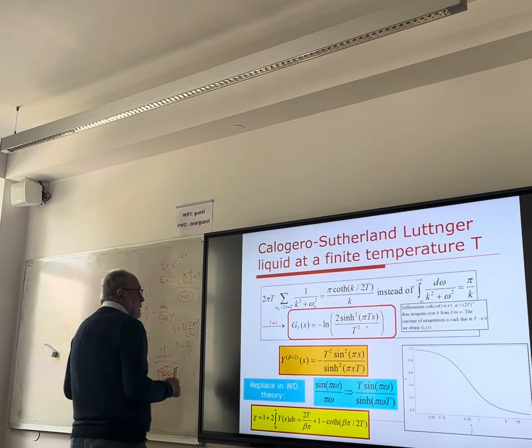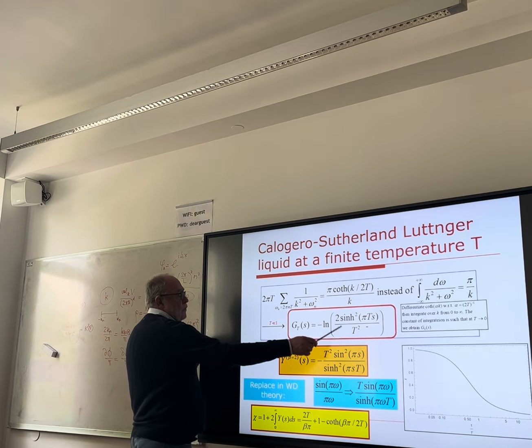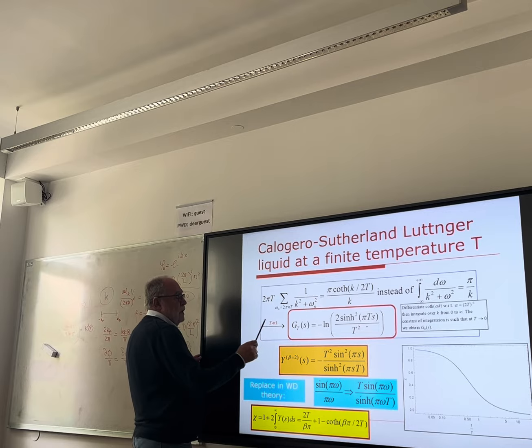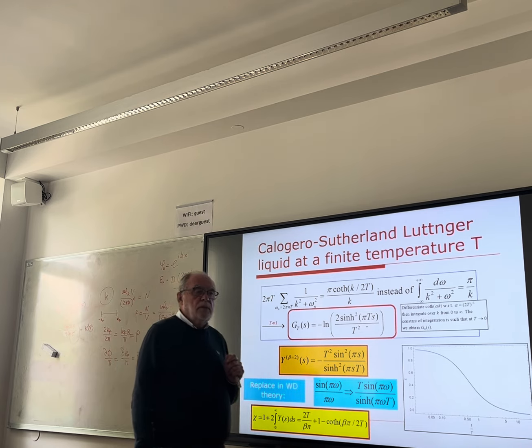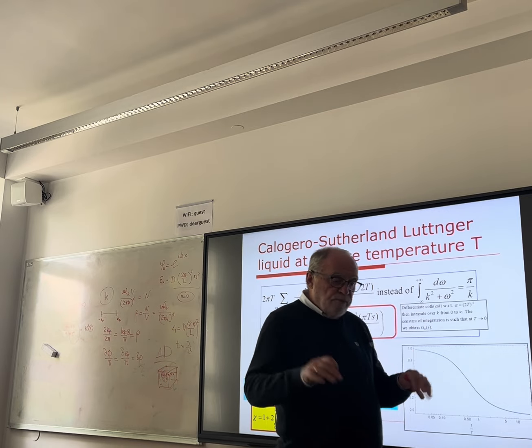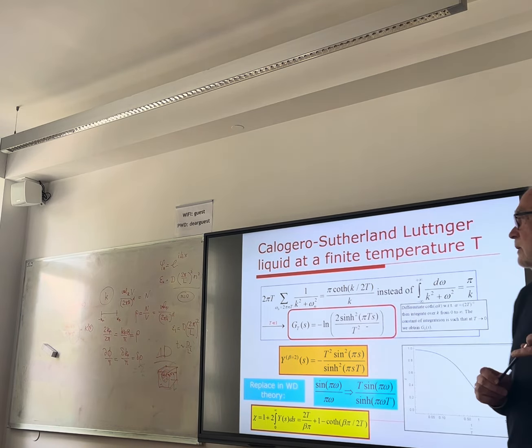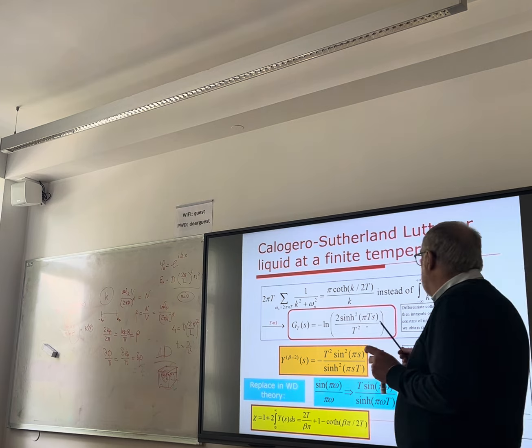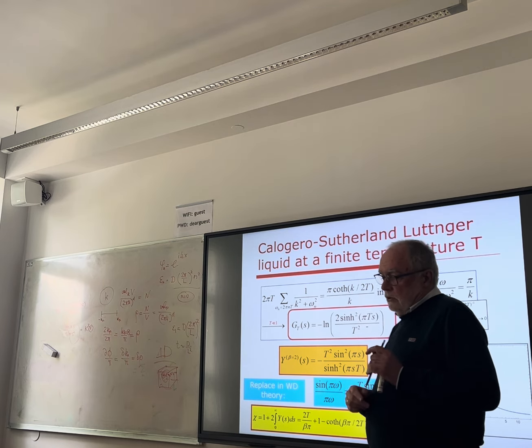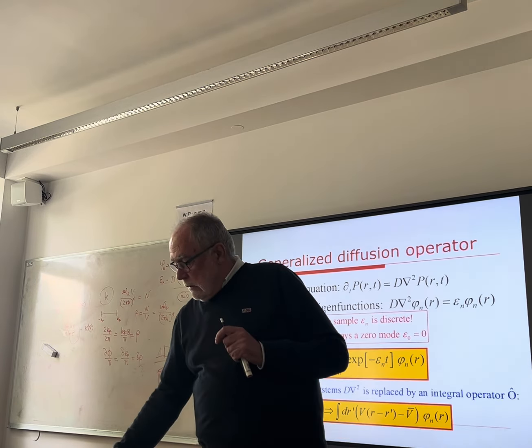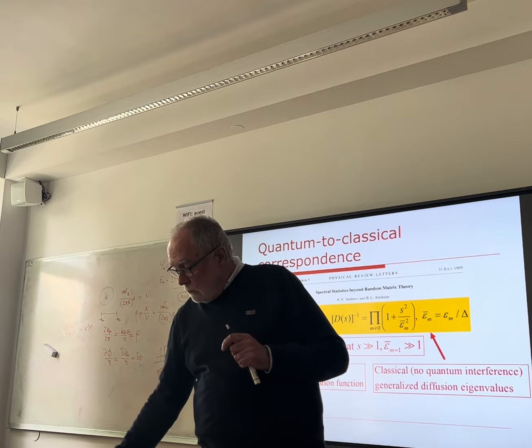The only thing is that this formula is possible to derive when temperature is much smaller than 1. So this means that this correspondence is not for arbitrary temperature, it is for small temperature.